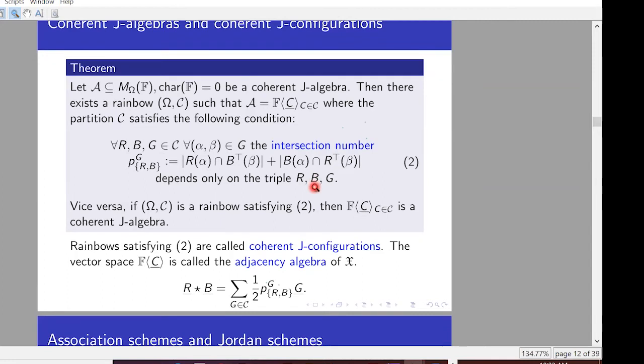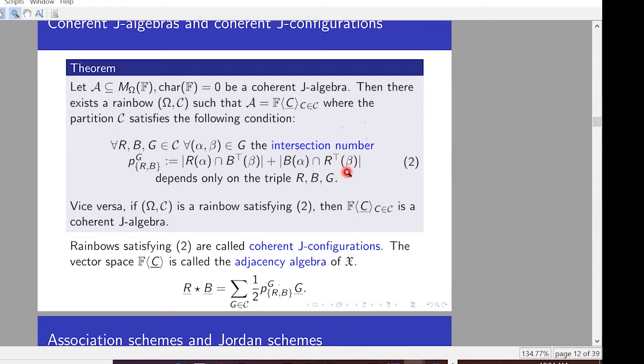Then there is a rainbow such that if I take the linear span of adjacency matrices, it will be the standard basis of my algebra, and the intersection numbers of that type exist. Let me explain what that means. In the coherent configuration, we count the number of paths of length 2, where the first step is red and the second step is blue.